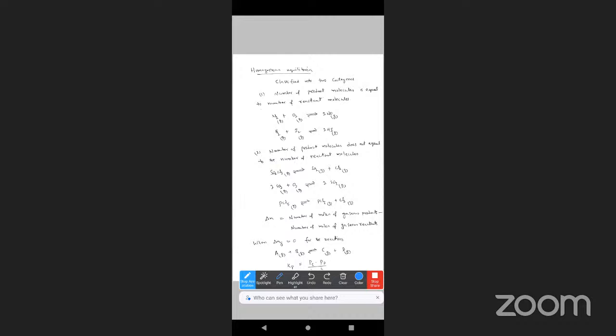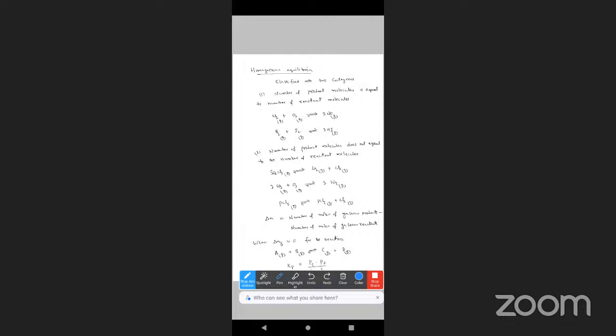Take another example, the formation of HI gas from H2 and I2. In this example also, the number of product molecules is equal to number of reactant molecules, or you can say in terms of moles.